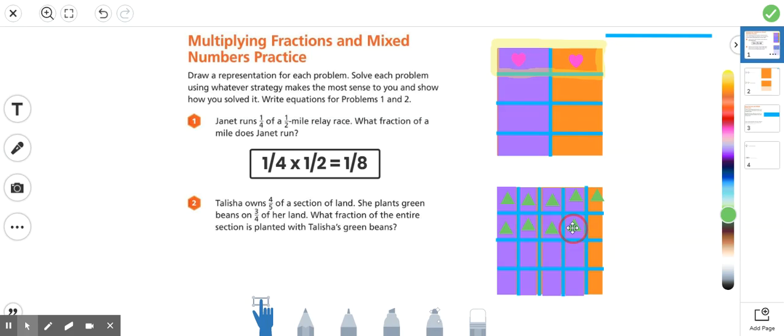And just remember, we are really paying attention to the part that is purple and green. Let me go back to my fraction. I'm not done planting. Talisha must love her some green beans. Now, sometimes students will say, well, why are we putting triangles here?